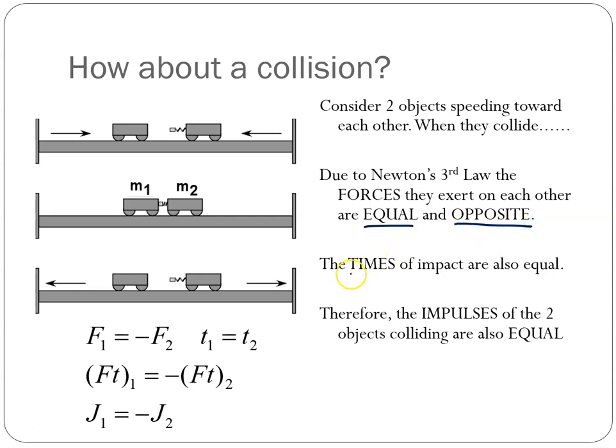And the time of impact is also going to be equal because you can't have one touching the other for longer. So if the force and time are both the same, then that means the impulse on each object must also be the same. So down here, we have the impulses are the same. They're equal in magnitude and opposite in direction.